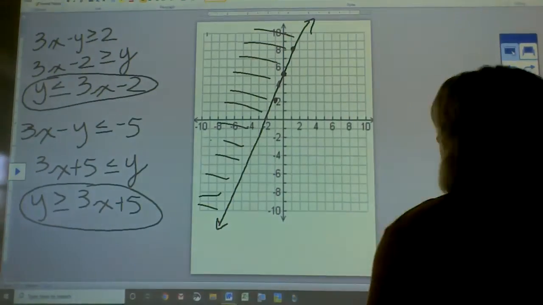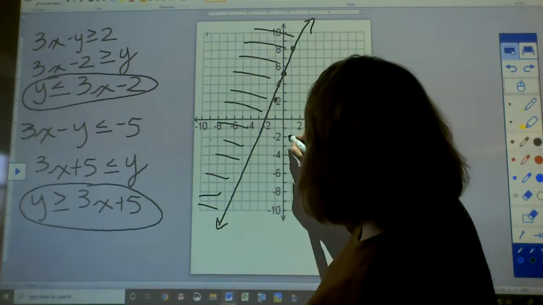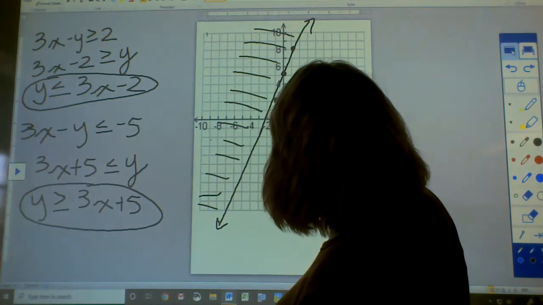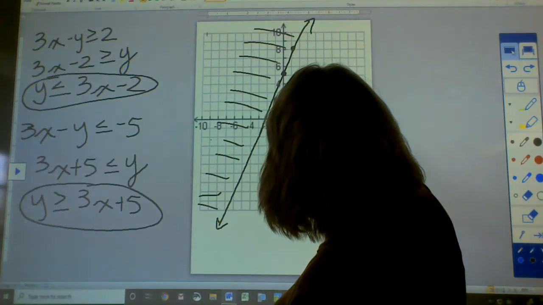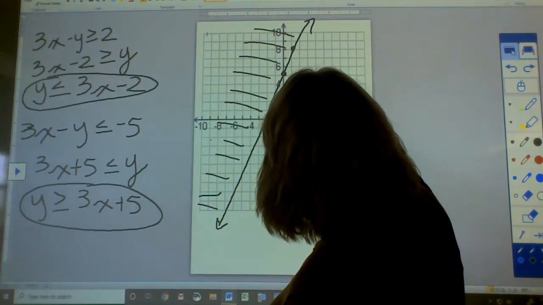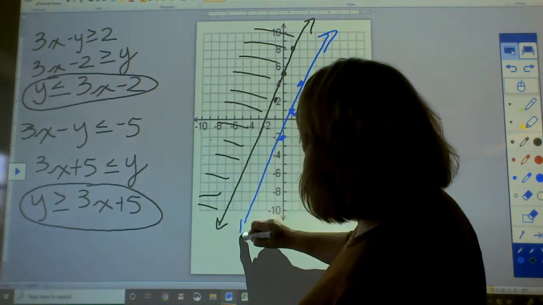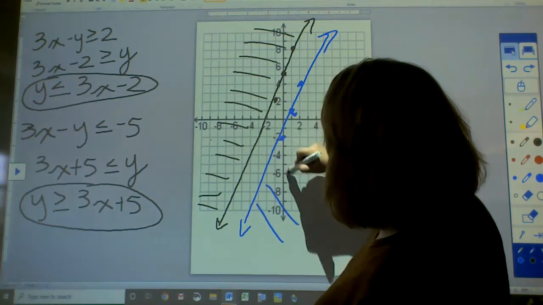All right, let's move on to the other one. We're going to go down to negative 2 and then up 3 over 1, and then we'll do it again. And this one is solid as well, and it's going to be below the line.